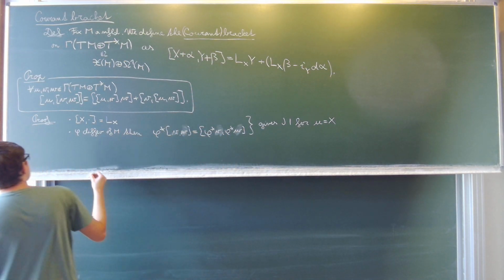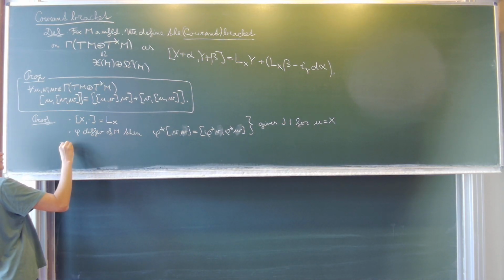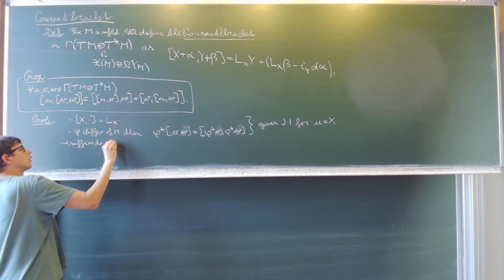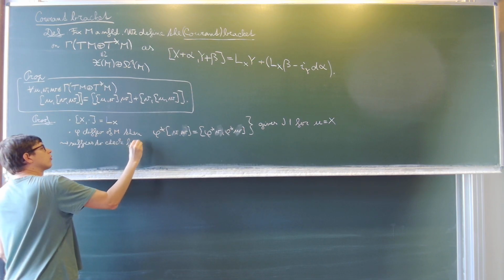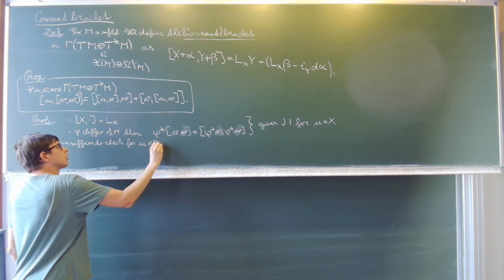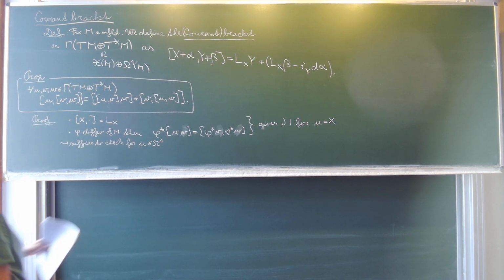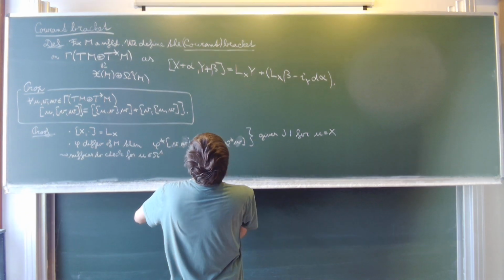Now it suffices to check for u a one form. So how do we proceed further, similarly? One thing to note is that there is a natural filtration of this.